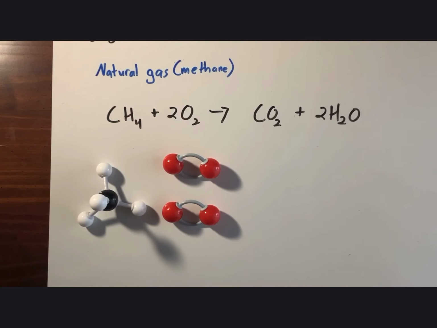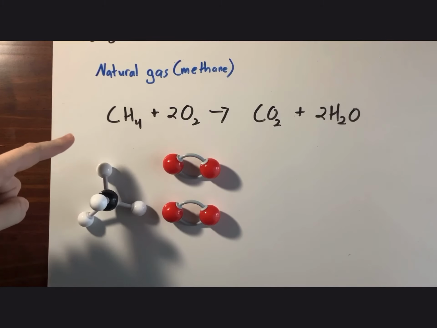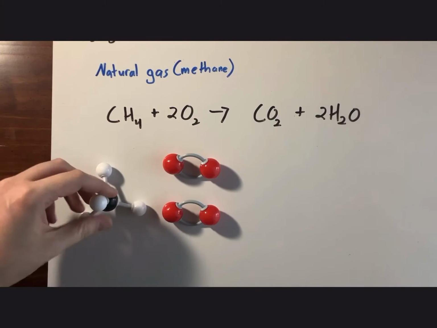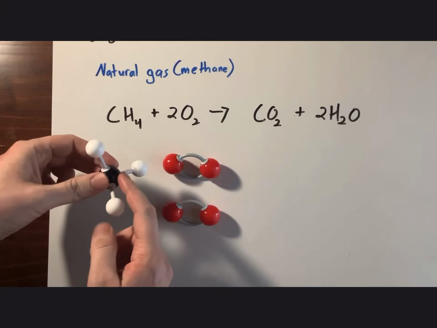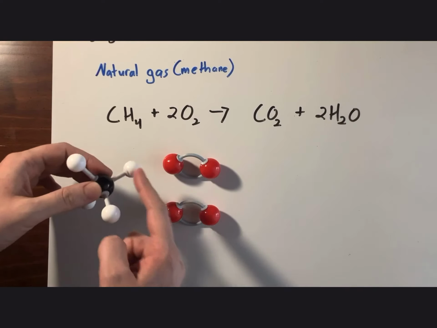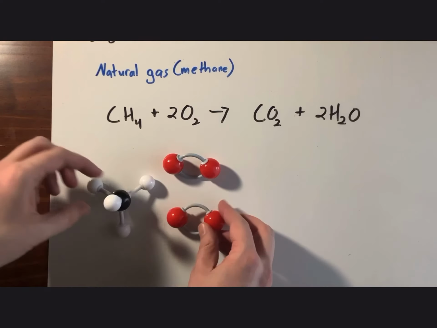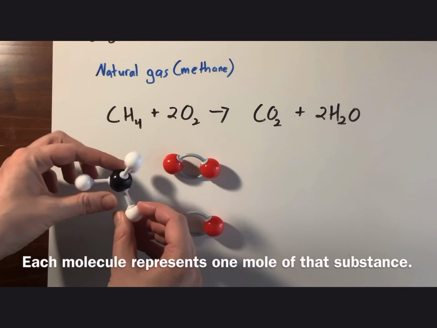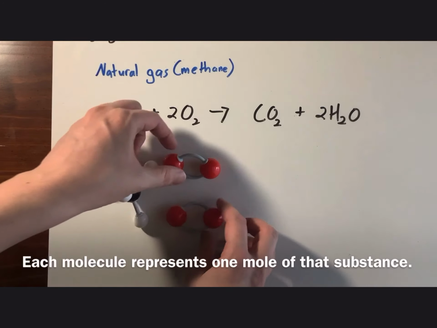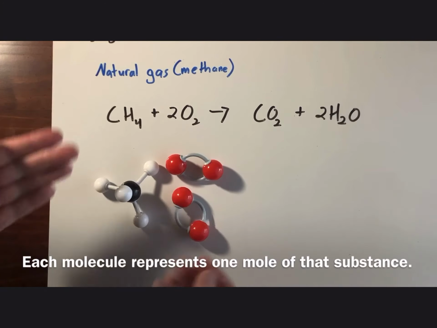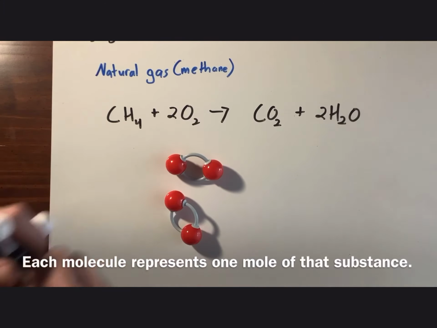A simple kind of combustion reaction, you have natural gas, which is methane, and oxygen. So here's methane, the black is carbon, and the white is hydrogen, and the red here is oxygen. So we have one molecule of methane and two molecules of oxygen. So what happens during the reaction?